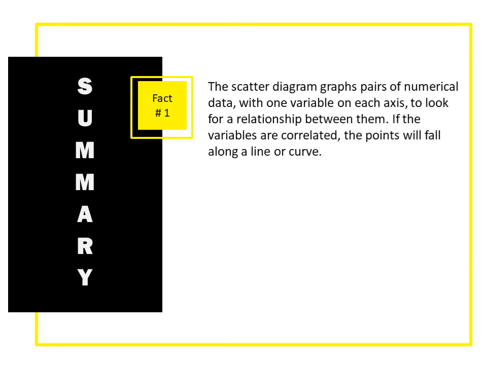And that brings us to the end of lesson 2 of regression analysis part A. Let me give you a summary of what we have been talking about over the last few minutes. So, that concludes the scatter diagram, which graphs pairs of numerical data with one variable on each axis to look for a relationship between them. If the variables are correlated, the points will fall along a line or curve.